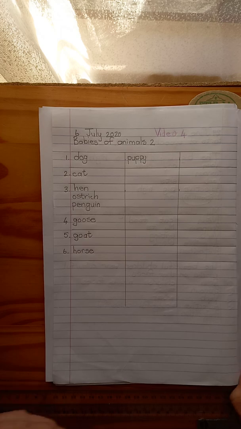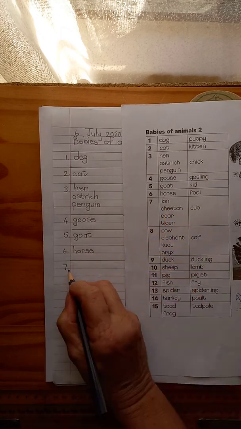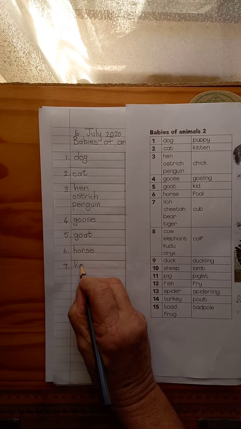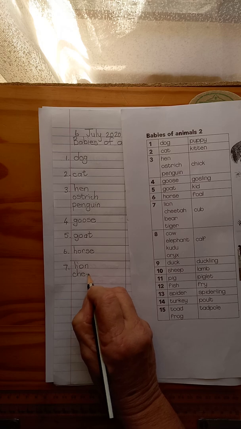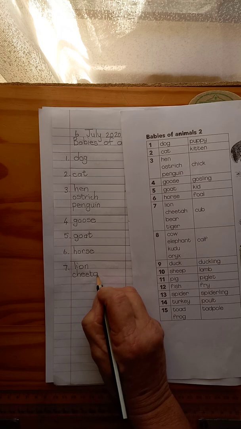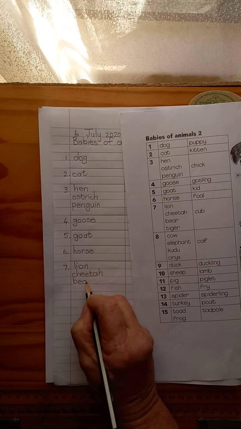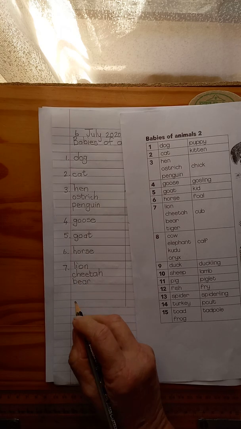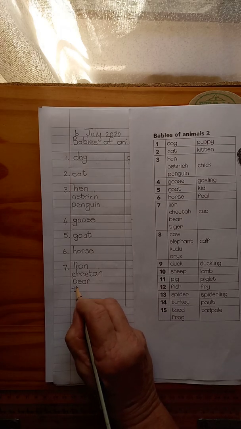Number 7, there are 4 words. Lion, cheetah, bear. We don't have bears in South Africa, but bears also have cubs and tigers.